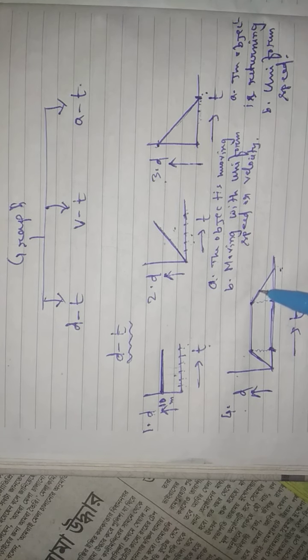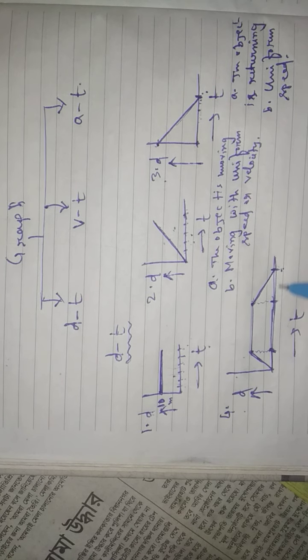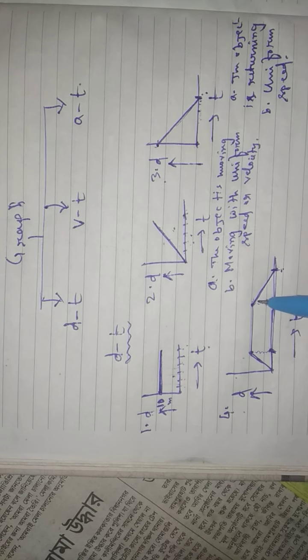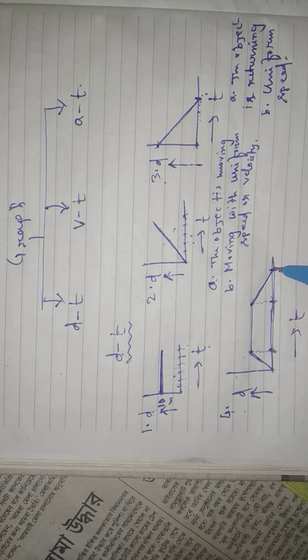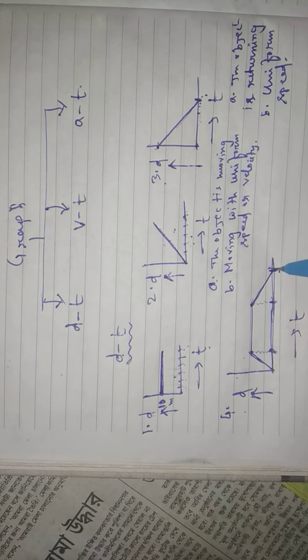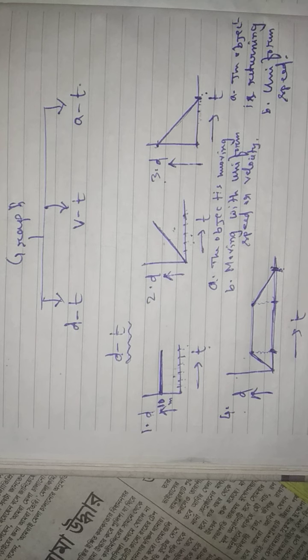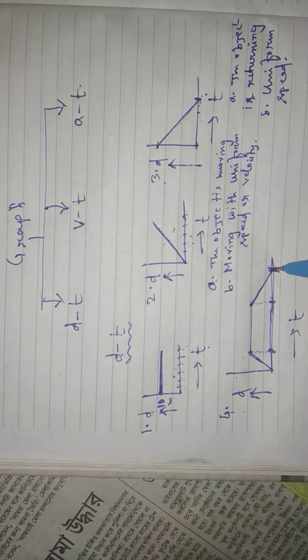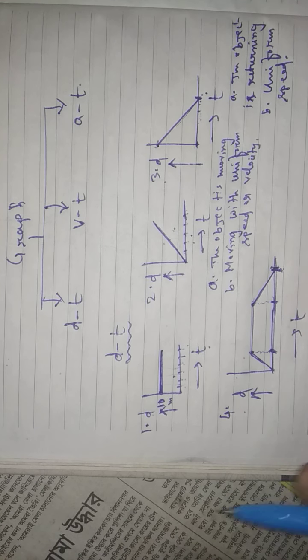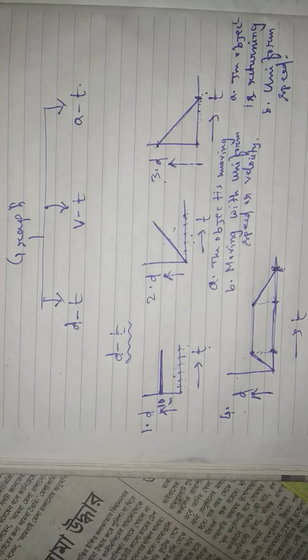And then from this time to this time, the object was returning back, and at the end of the graph it says it came back exactly to the point from where it started. That means now distance is 0. That means it came back to its initial position. Clear? So this is all about distance versus time graph.